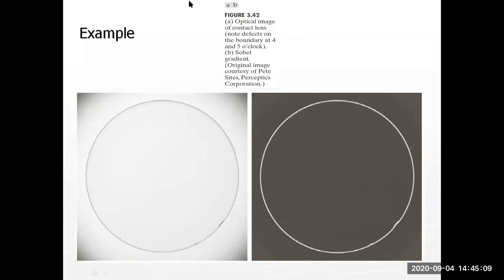Here the first one is the optical image, and the second one is an optical image of a contact lens. This is a contact lens. If you observe the image on your specs, the image will be like this.